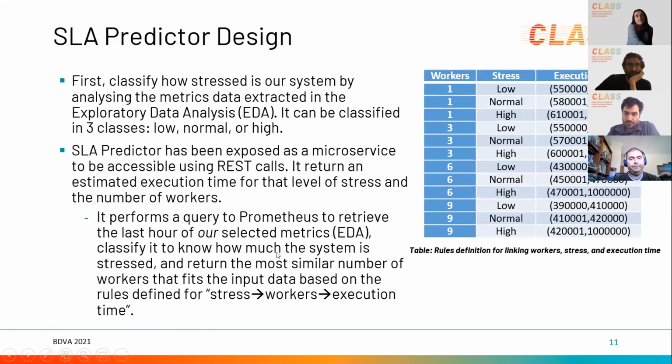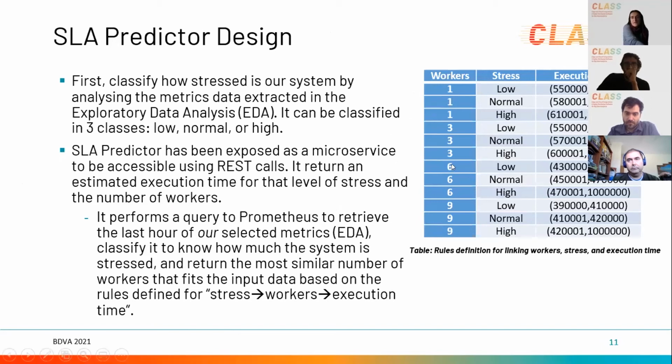So how have we designed the SLA predictor? We have done an exploratory data analysis, and in the end we have used a classification model in which we define the state of the system in 3 states: either low, normal, or high. And depending on the state of the system, how stressed the system is, and the number of workers and execution time, we have this rules definition linking workers, stress, and execution time.